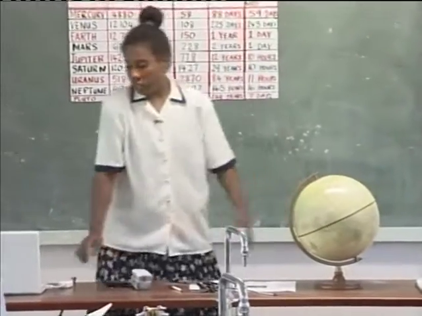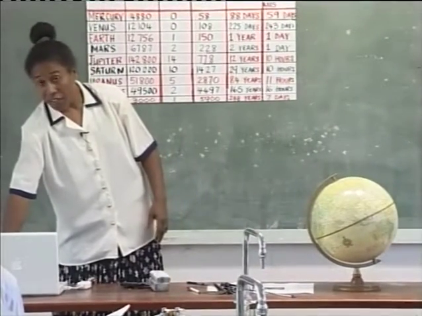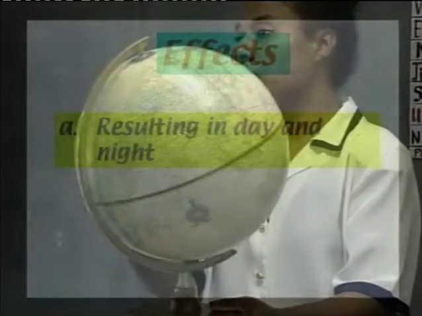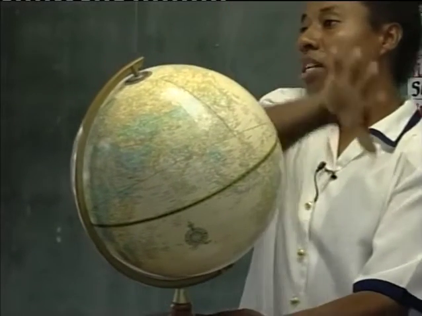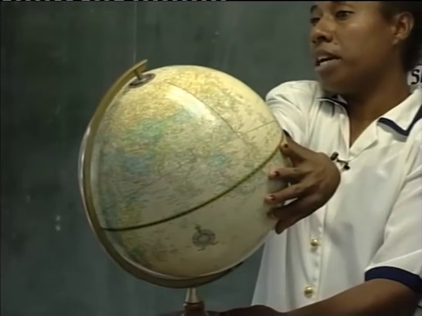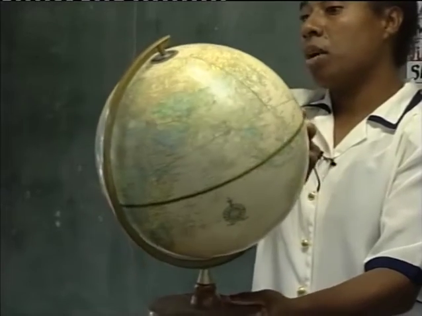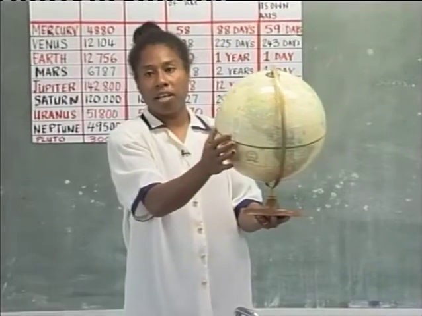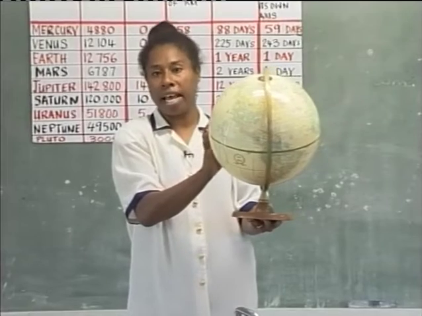While the Earth is rotating, the effect that it has is day and night. So all of those areas which are facing the sun would be experiencing day. All of those areas which are away from the sun will experience night. And it takes about 12 hours of daylight, especially for areas within the equator, and 12 hours of night.